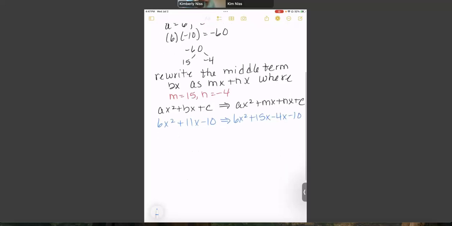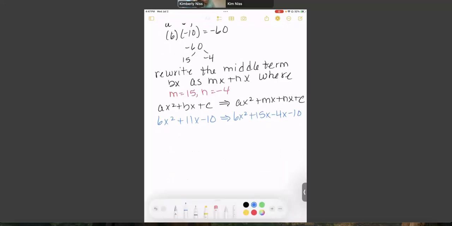So now we're going to use the method of factoring by grouping. Factor by grouping is basically just saying that you're going to take the first two terms and group them together and the last two terms and group them together.